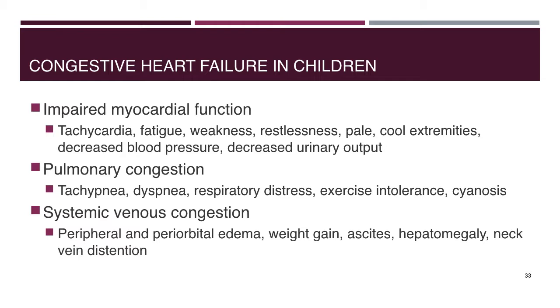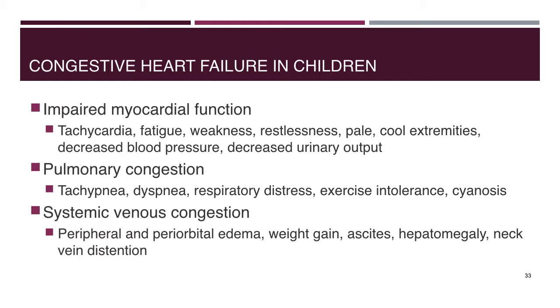They have pulmonary congestion, so they have tachypnea, dyspnea, respiratory distress, exercise intolerance and cyanosis. They also have systemic venous congestion, so we see both peripheral and periorbital edema, dramatic weight gain.